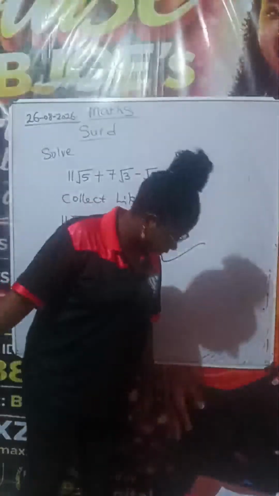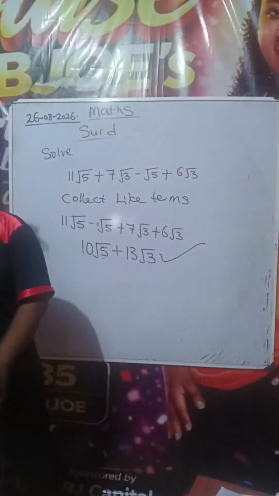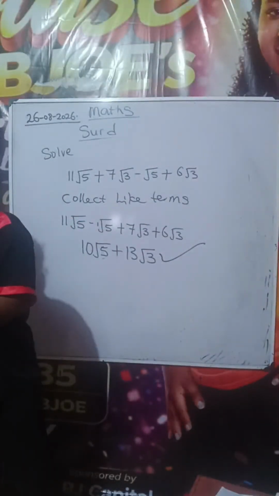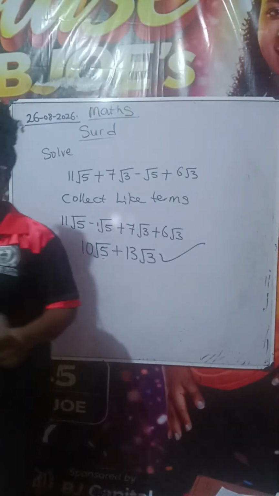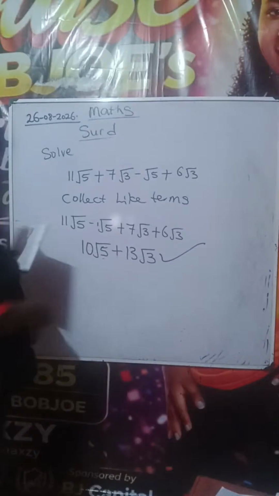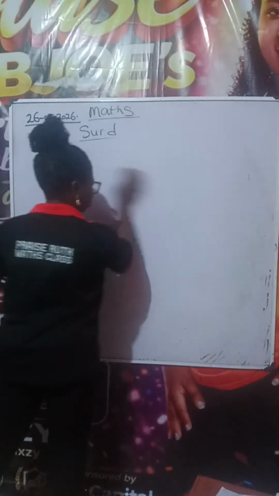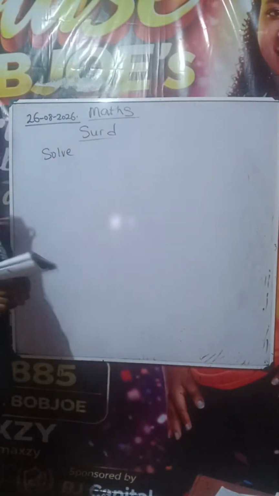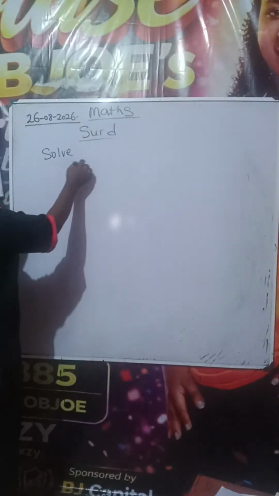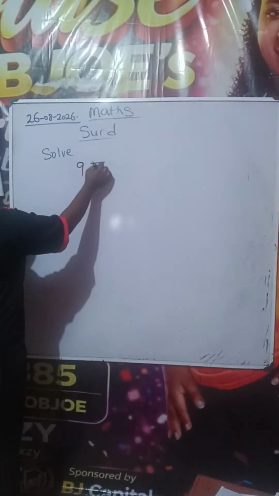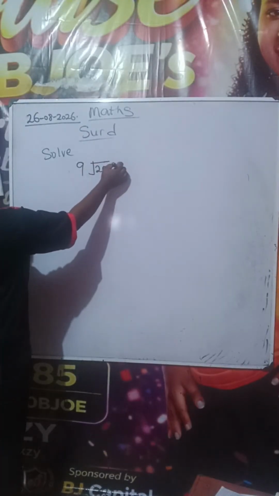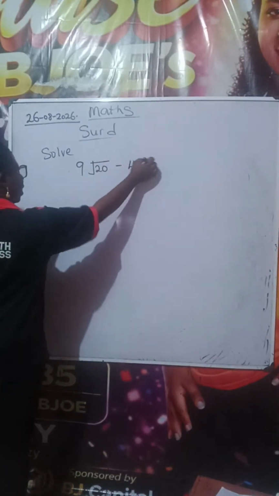Okay, now let's move forward a little bit. For those that were not there in our class, look at this one. So we have 9 root 20 minus 4 root 5.